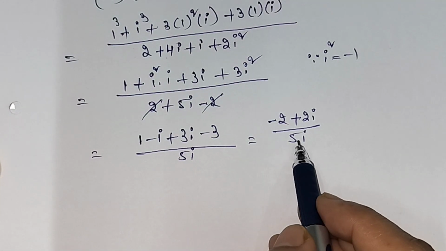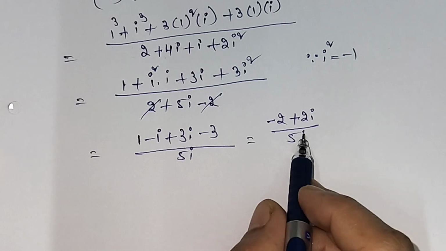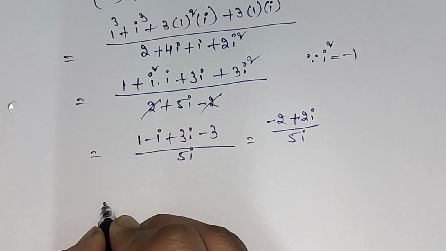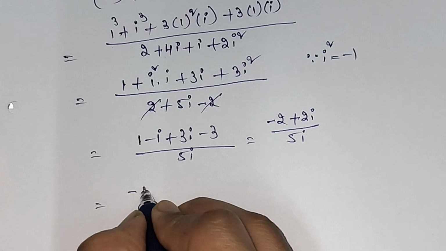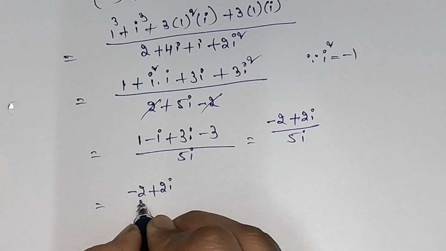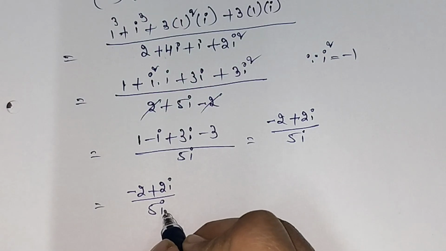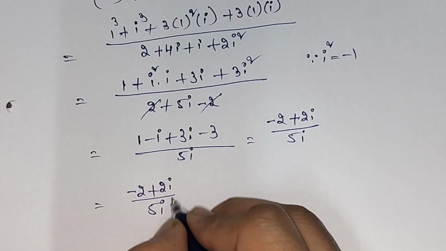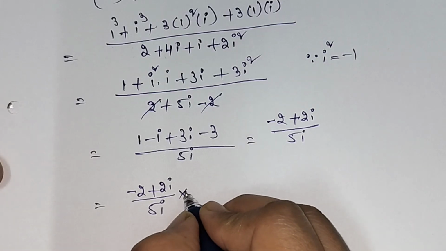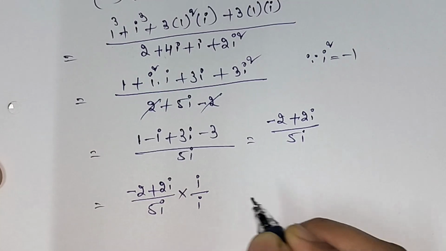For this we can do a rationalizing factor with i. That equals minus 2 plus 2i by 5i. There is an i in the denominator, so we multiply the numerator and denominator by i by i.